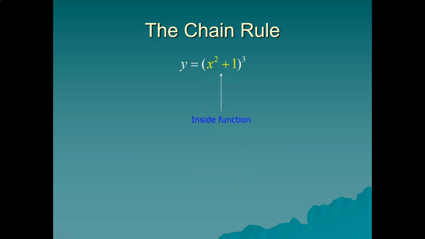So once again, let's take the inside function, which is x squared plus 1, and we're going to think about the inside function as u. That means that u is x squared plus 1, and the derivative of u would just be 2x. So just keep that in mind. The derivative of the outer function is 3 parentheses to the power 2, and the derivative of the inside function is 2x.